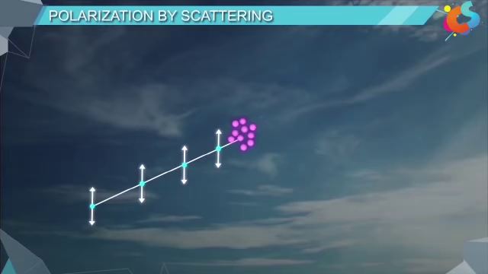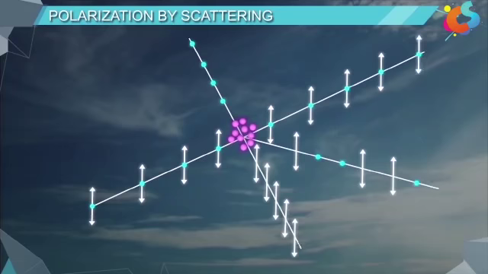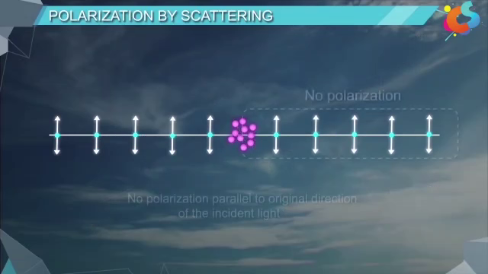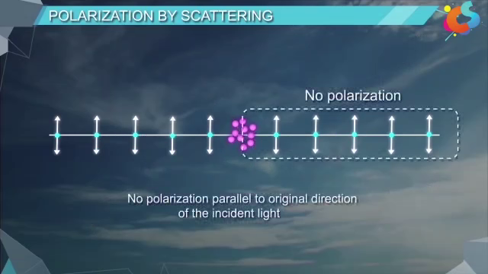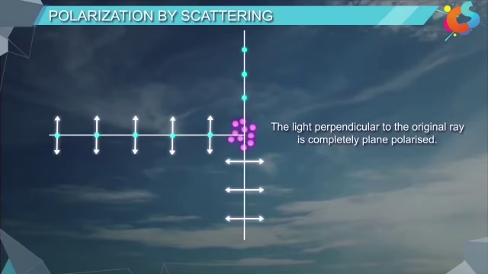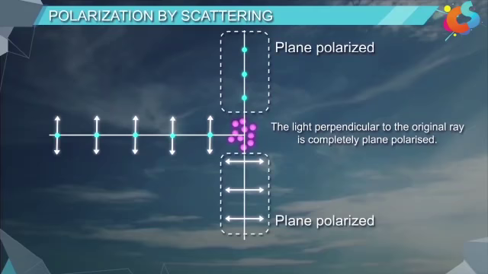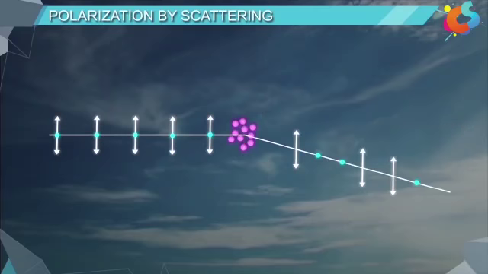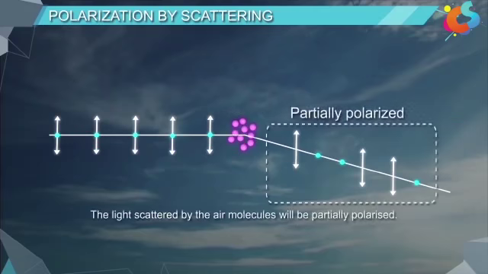The electrons then produce radiation that is polarized perpendicular to the direction of the ray. However, there is no polarization parallel to the original direction of the incident light. The light perpendicular to the original ray is completely plane polarized. In all other directions, the light scattered by the air molecules will be partially polarized.